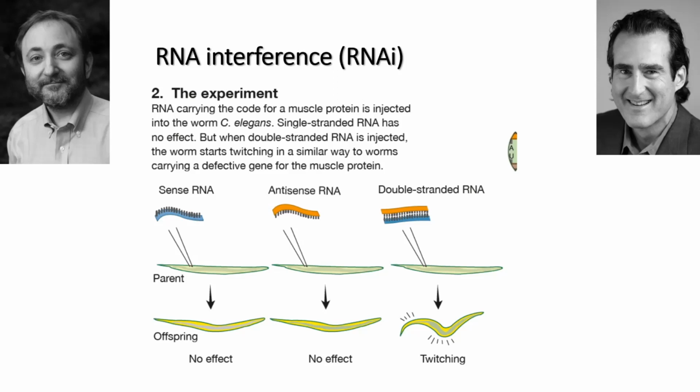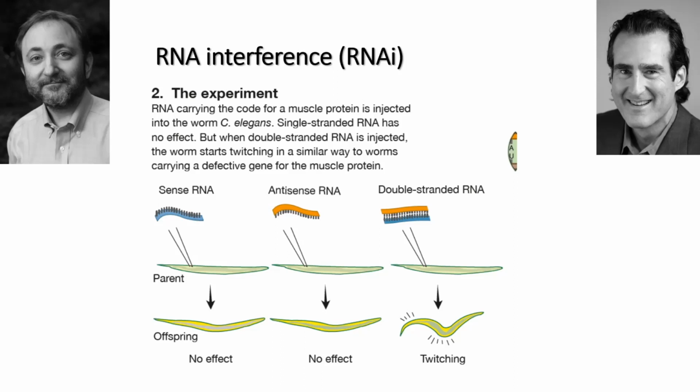But it wasn't clear why that was. These guys had some elaborate reasoning, which I just looked up yesterday, for why they thought that if you inject a lot of single-stranded RNA, occasionally it'll fold back and you get some double-stranded stuff, and maybe that has something to do with it.